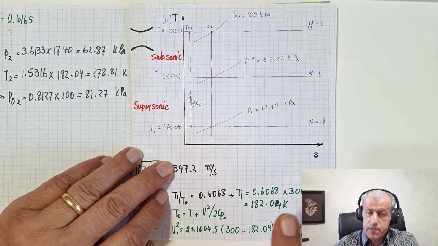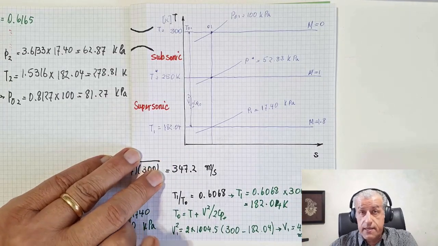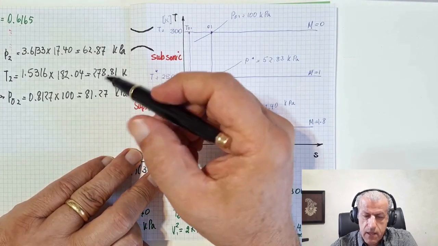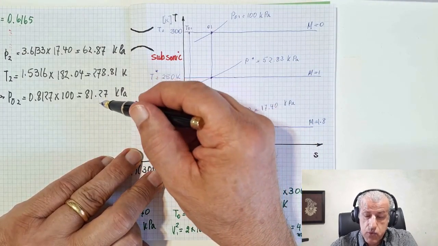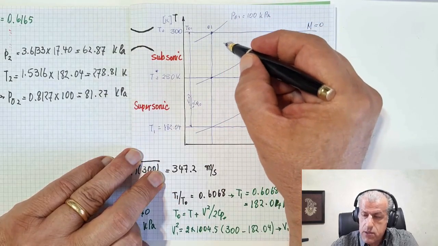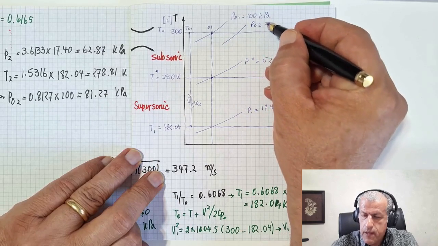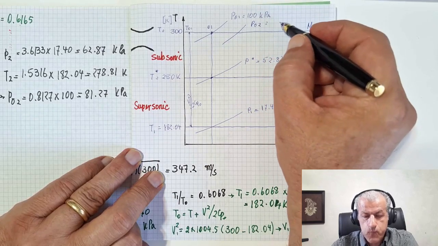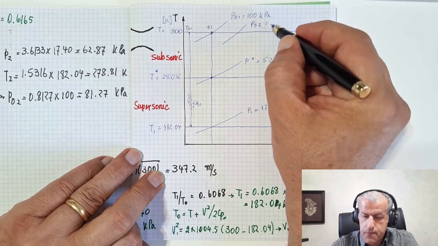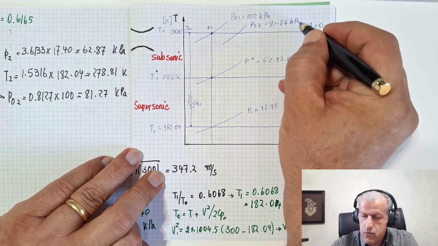So these are all our values for different properties, and it's a good job if we show all these values on the TS diagram. Well, let's see what these values mean on the TS diagram. You see, what we know is that PO2 is 81.27. This was 100. So let's say that this one, PO2, equals 81.27 kilopascal.